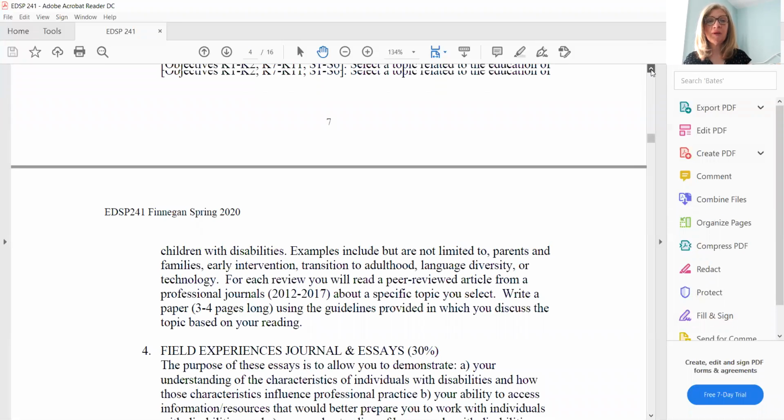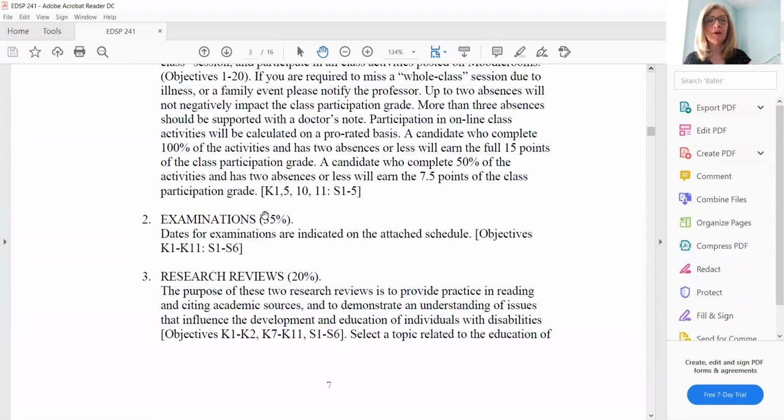Now, if you really look at it carefully, you will know that there are 3 examinations. And so each examination is worth a third of 35%, which works out to be about 11.67%, just under 12%. Each research review, there are 2 research reviews. Together they are worth 20%, so each one is worth 10%.